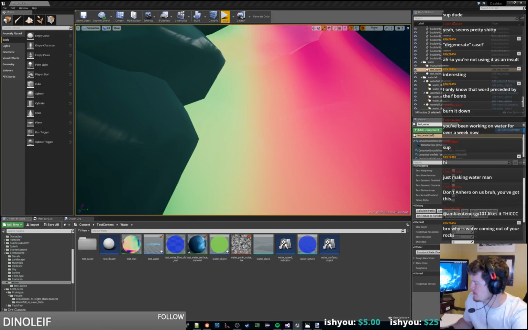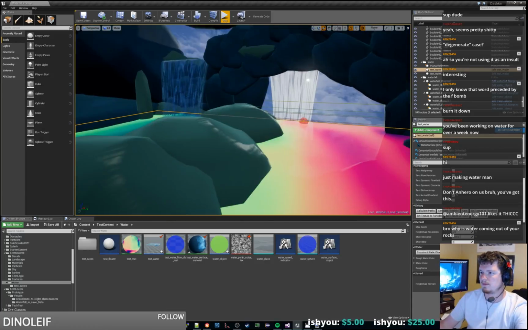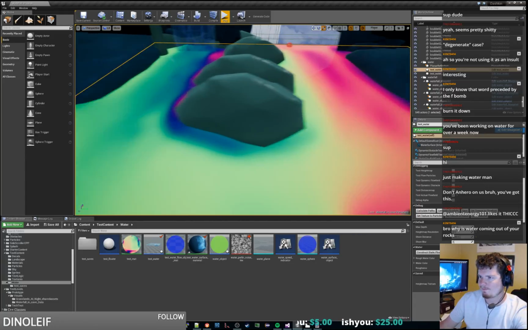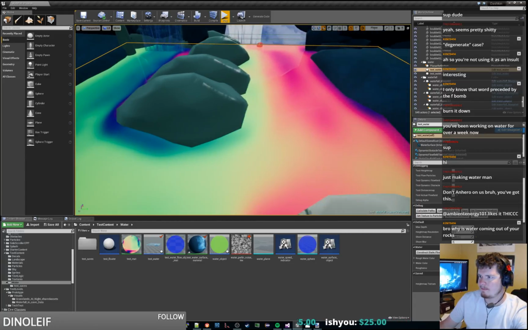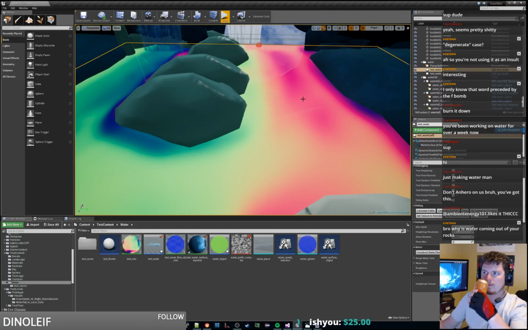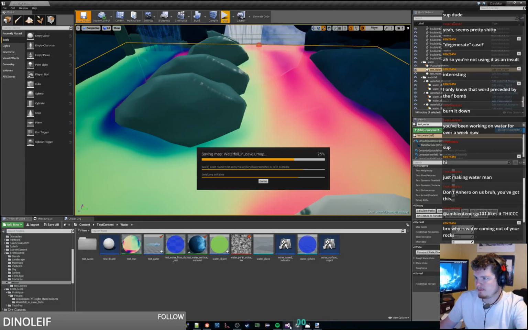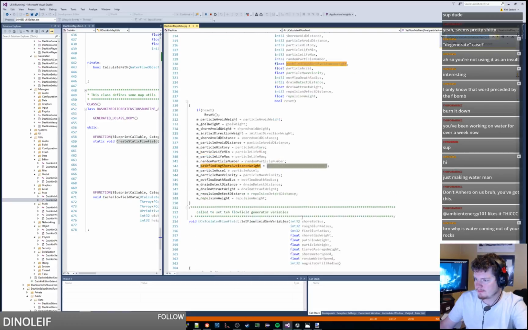If this is going to be 0, why is it 0? Well, let's try reversing the order on some of this. Maybe that'll do something.